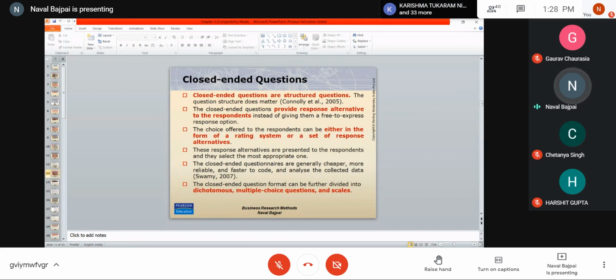Open-ended questions were required to understand the things which you cannot cater to by asking closed-ended questions. But closed-ended questions would always be considered for structured research. So structured questions are important, being based on unstructured understanding. This is the issue which we'll have to understand.